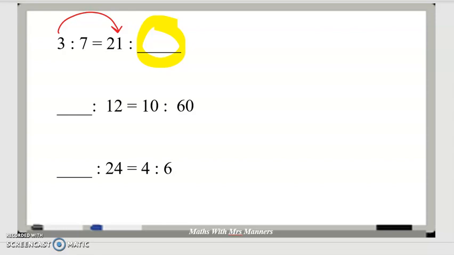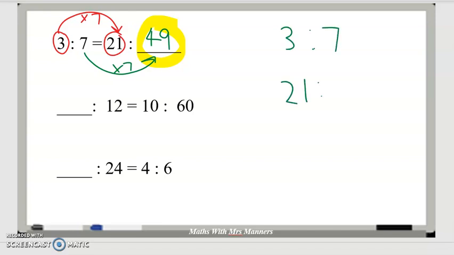To get from 3 to 21, I multiply by 7, just like when we multiply to get an equivalent fraction. So if I multiply by 7 to join the front numbers, the second numbers will be joined by exactly the same operation. I also multiply by 7, and that gives me 49. So the ratio 3 to 7 is equivalent to 21 to 49.